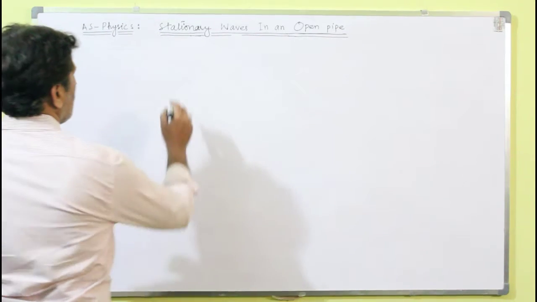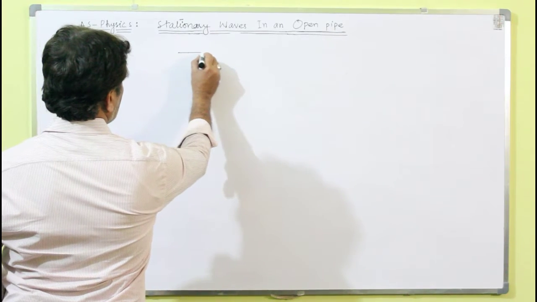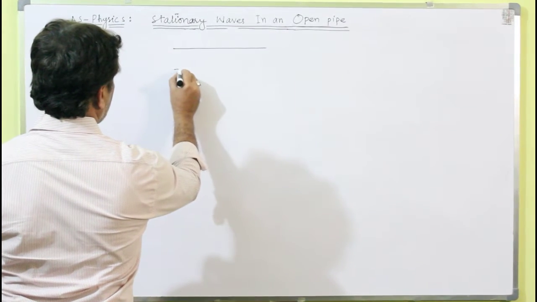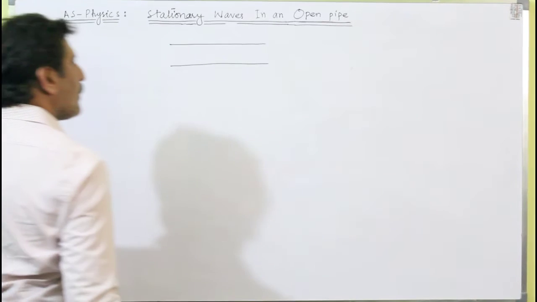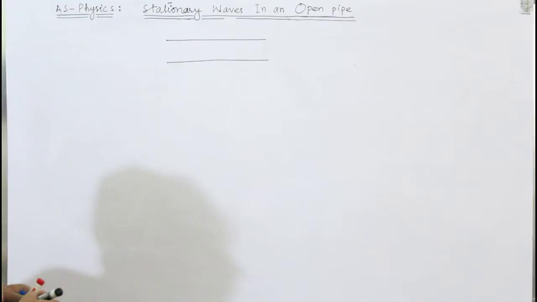What is open pipe? A pipe or tube with both ends open is called the open pipe.